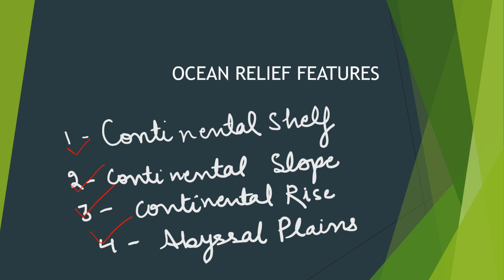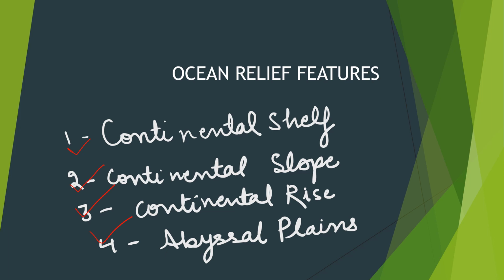We have some fracture zones also. Some coral reefs, very important coral reefs, and some others like volcanoes, the structures formed after the eruption of volcanoes. Some canyons are also present. So these types of features are also present in the ocean. These are categorized under the relief features of oceans.